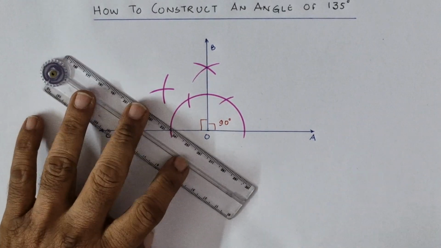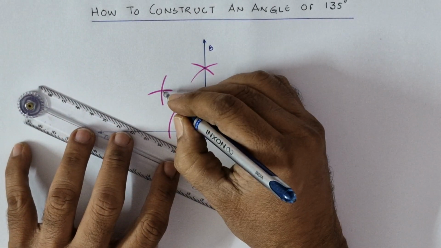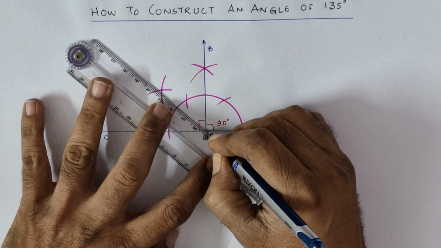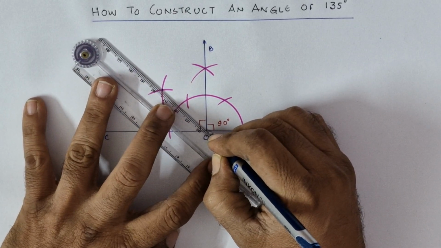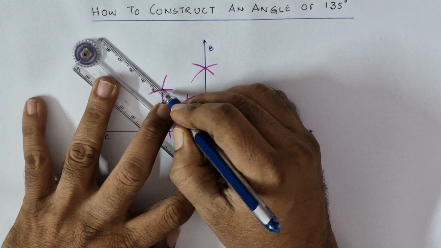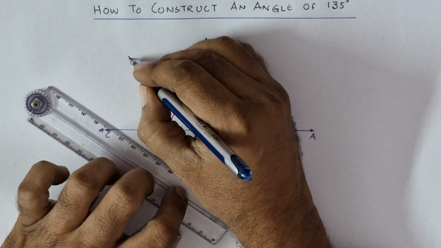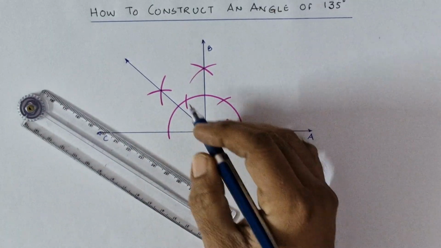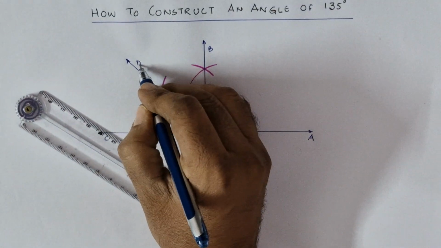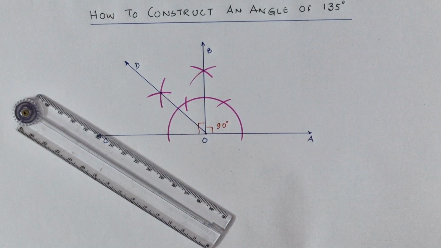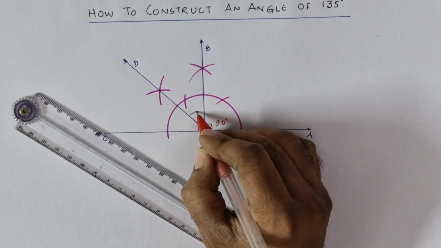Now mark the intersection point very carefully, and also O, and extend it, join it. Let's name it as D. So angle BOD will be 45 degrees.